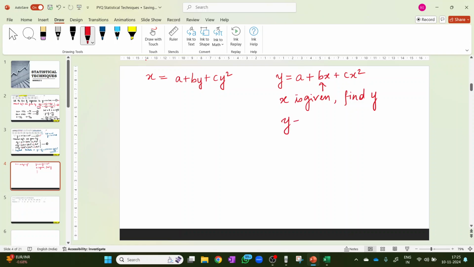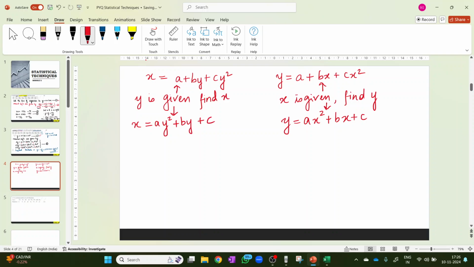Of course, as an alternative, you can use ax squared plus bx plus c. Here in this case, y should be given and you are expected to find x. Then the equation will be of this category, x equal to ay squared plus by plus c.